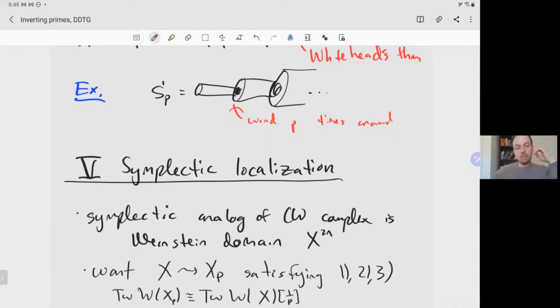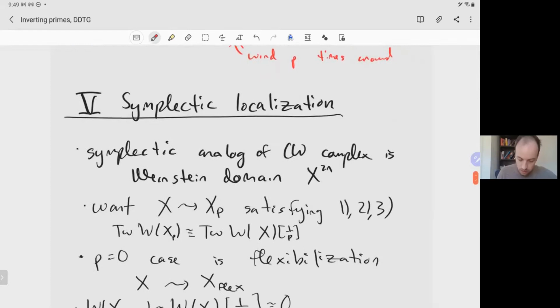By property 1, invariants localizing, I mean that the Fukaya category of this PX should be the localization of the Fukaya category of X. So basically, I just mean you invert the prime P.